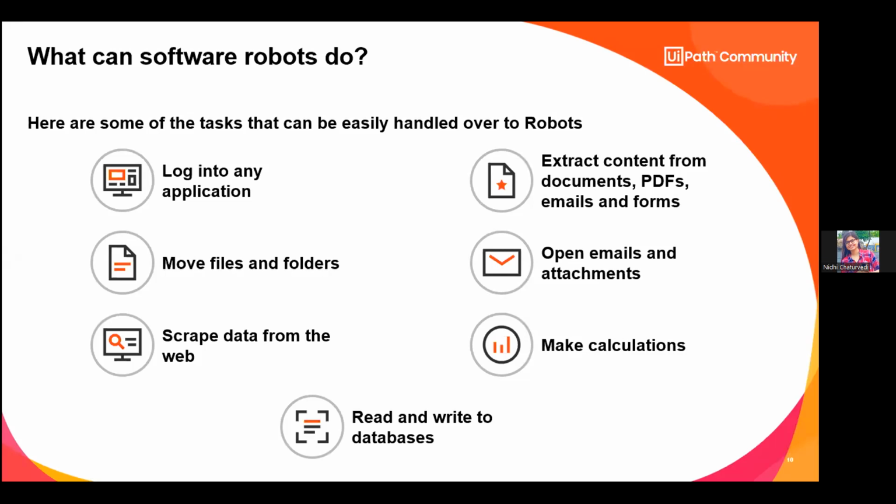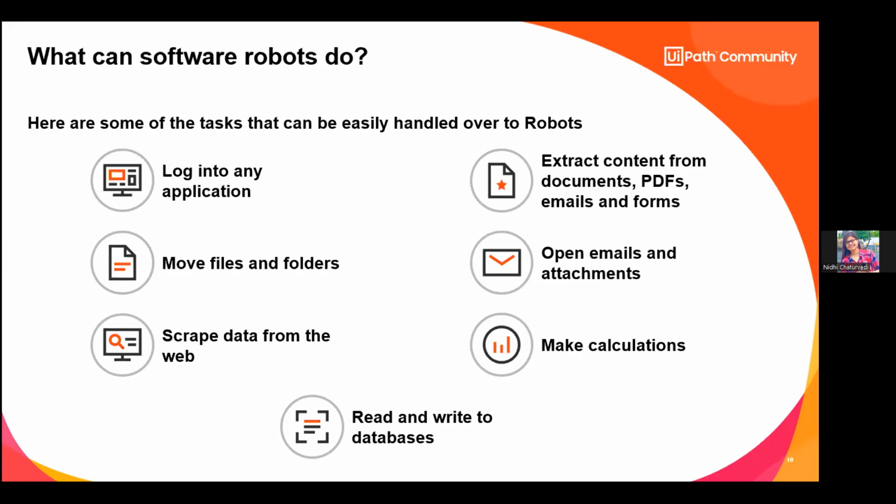The third one says scrape data from the web. If you are reading anything from a web application as part of your day-to-day task, then this can be taken up by the software robot. Now, extract contents from documents, PDFs, emails, and forms. If your day-to-day tasks require reading documents, and the document format could be PDFs or emails or any other forms, right?